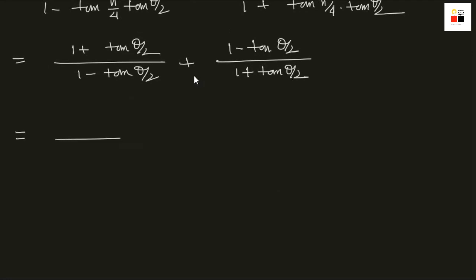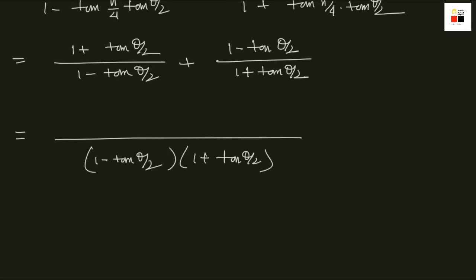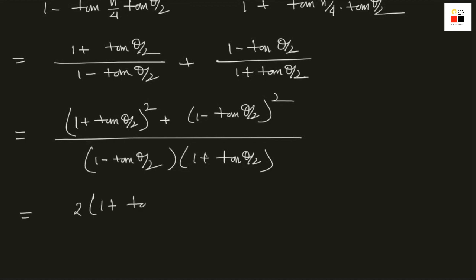This is equals to 1 plus tan theta by 2 whole square plus 1 minus tan theta by 2 whole square, over 1 minus tan theta by 2 into 1 plus tan theta by 2. This is equals to 2 into 1 plus tan square theta by 2 over 1 minus tan square theta by 2.